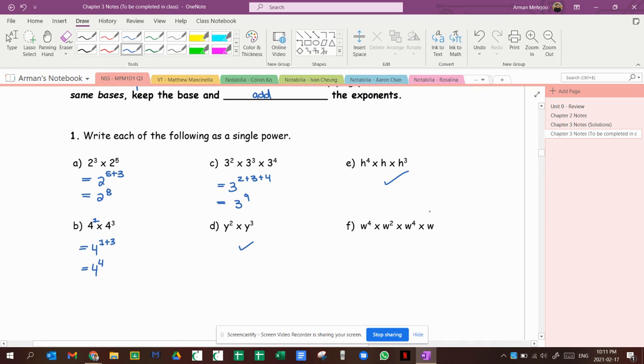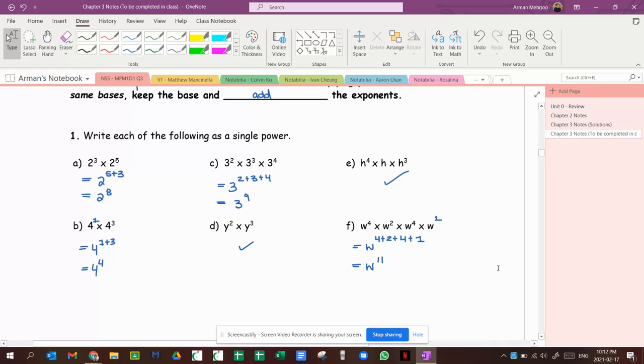Let's do this one together. I can't see the exponent for this last term, so I put a 1. I have 4 W's. They're all multiplying together. So I keep my base, and I add my exponents. And I should get W to the 11.